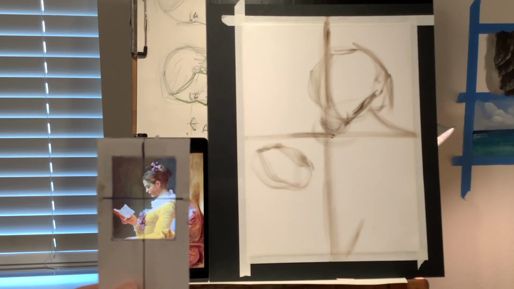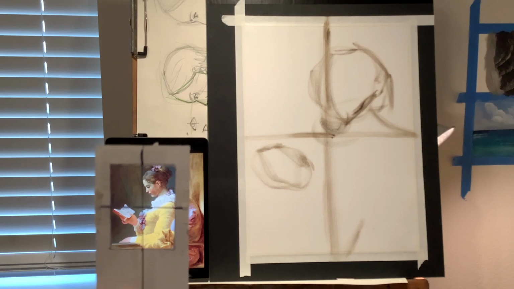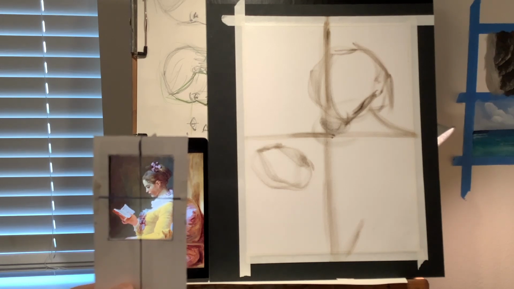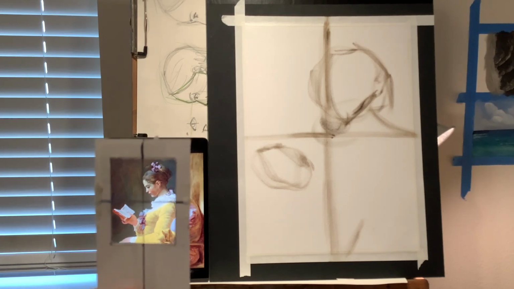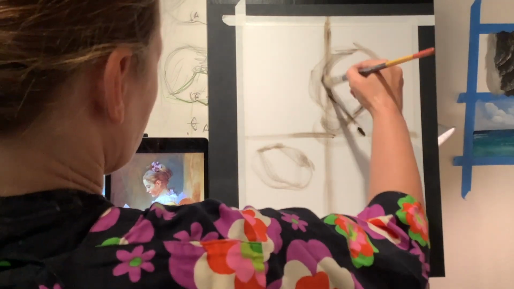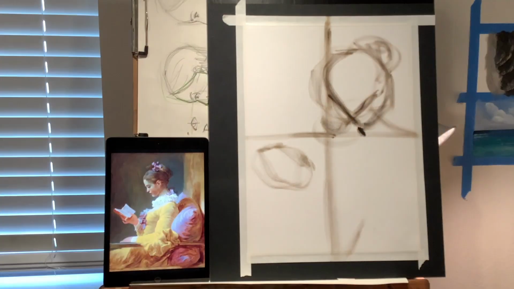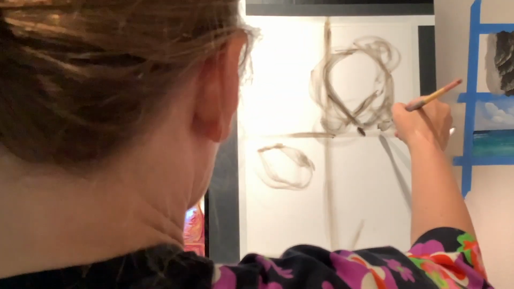Okay, so I can see the forehead. The chin is actually, I had this in the wrong place before. The chin is actually here, right? The head kind of goes here, forehead leans this way, the bun happening, right? We have this.